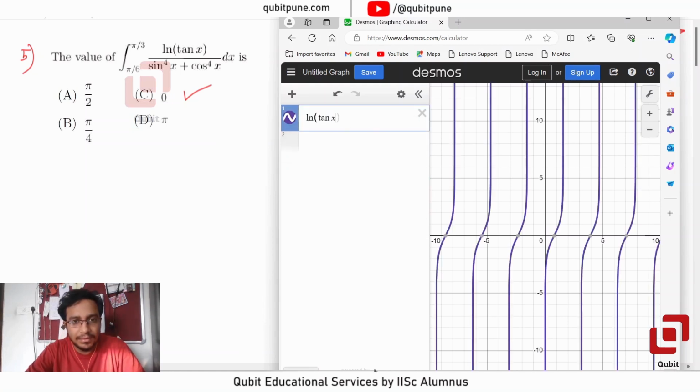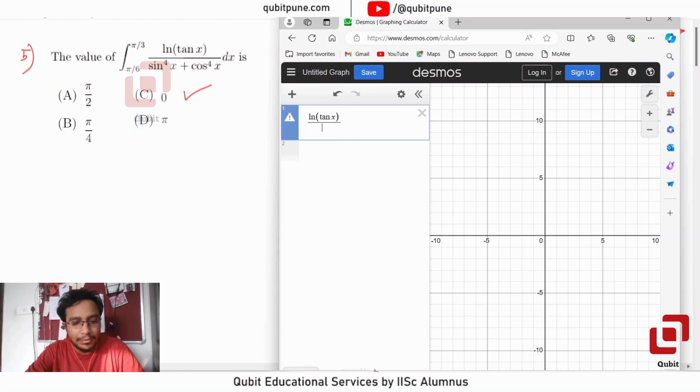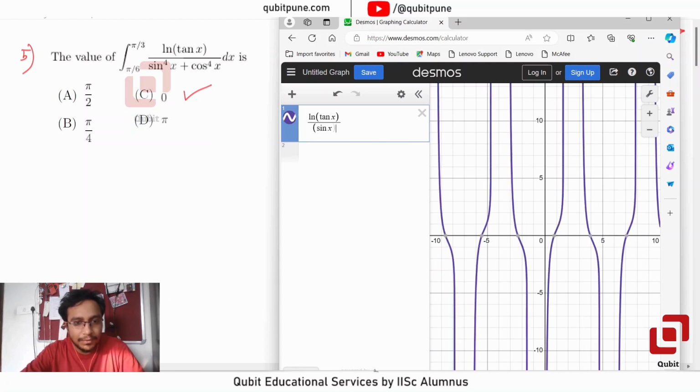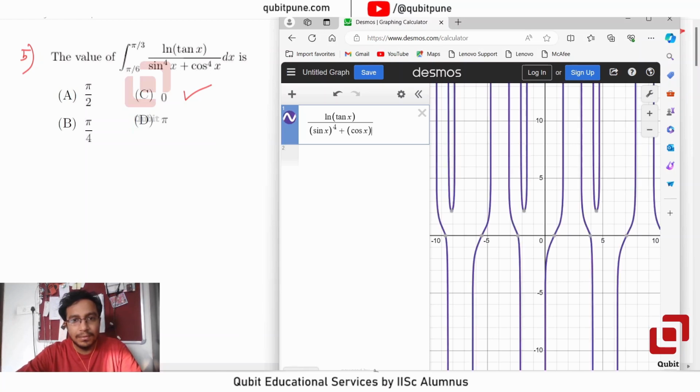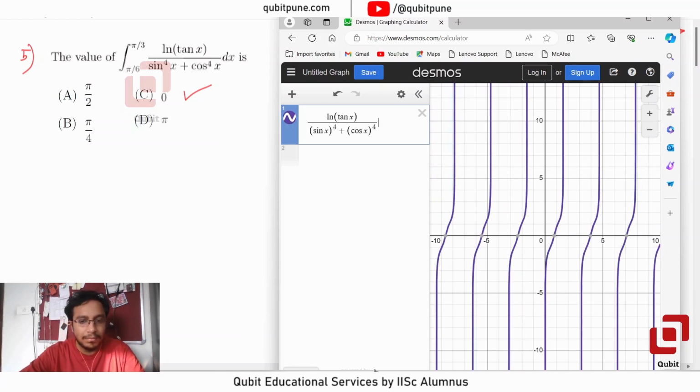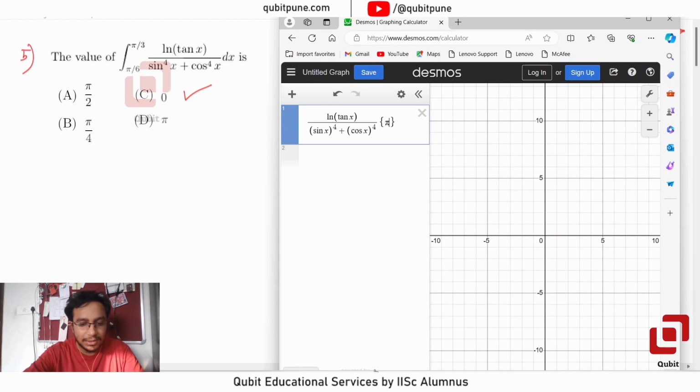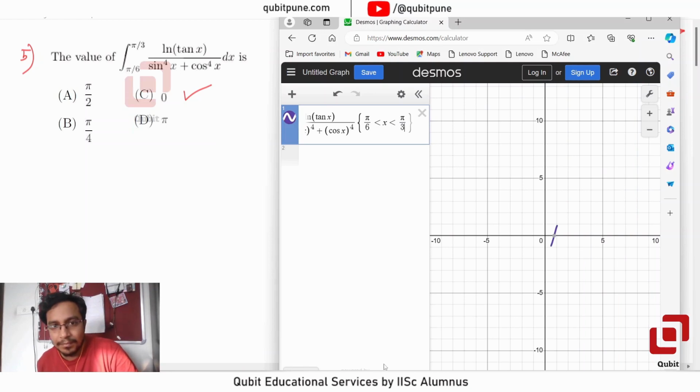ln tan x upon the fourth power of sin x plus the fourth power of cos x, between pi by 6 and pi by 3. Okay, you can see that here.